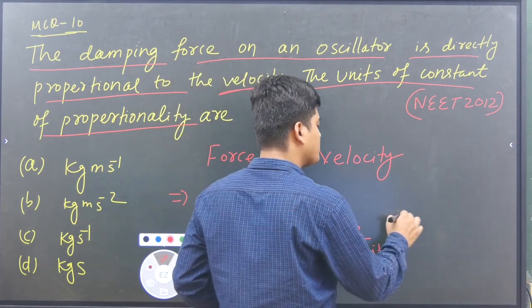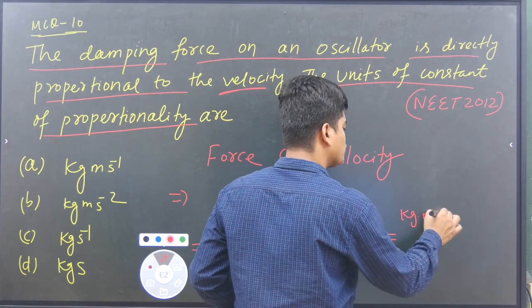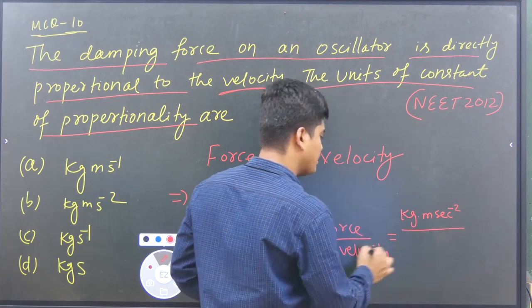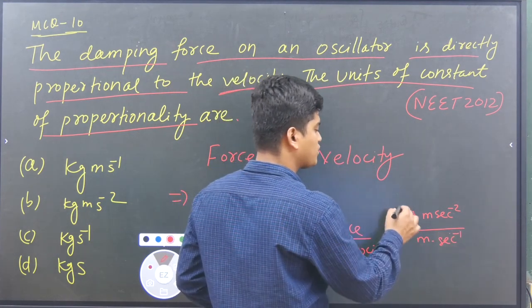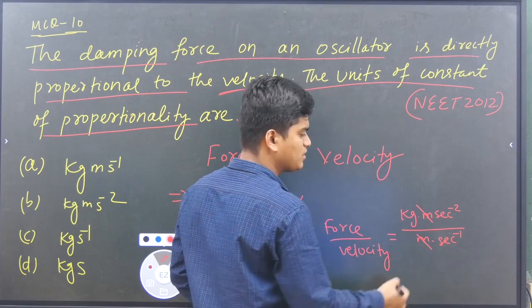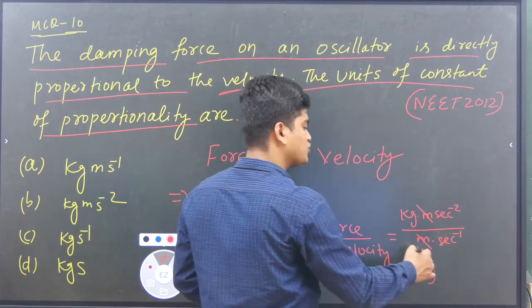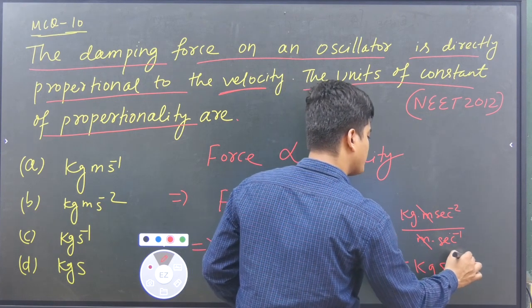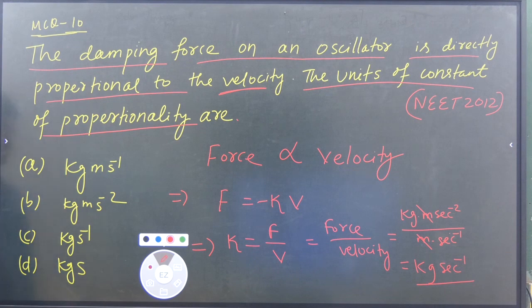Force is nothing but mass into acceleration, so it is kg into meter into second to the power minus 2, divided by velocity, which is meter into second to the power minus 1. Now meter cancels, and second to the power minus 1 goes up, so it is kg into second to the power minus 1.